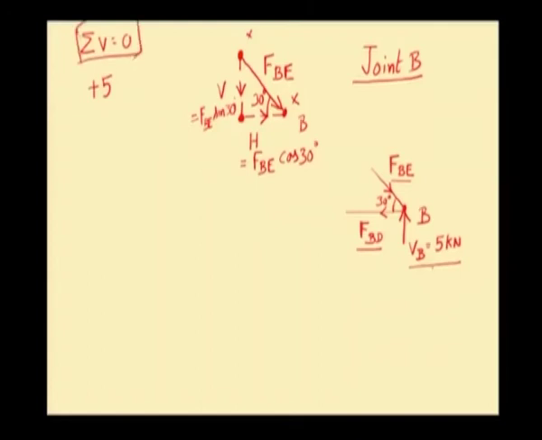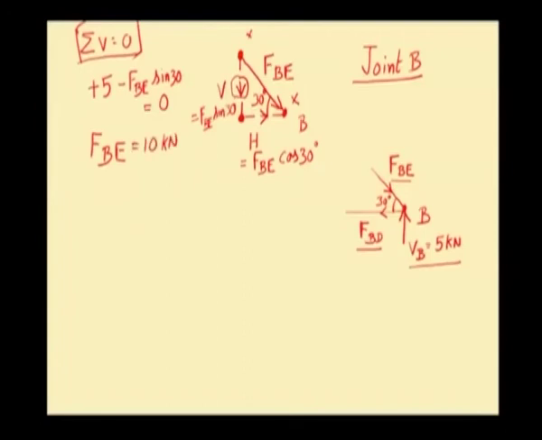So, plus VB, then the vertical component of FBE, if you see the direction, is in the downward direction. So, we have to put a minus sign, which is minus FBE sin 30, which should be equal to 0. From this we can get the value of FBE. FBE will come as 10 kilonewton.